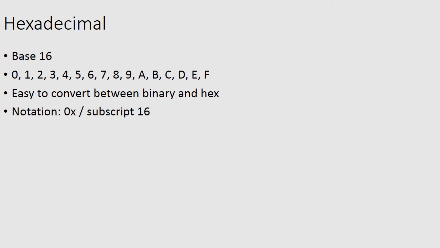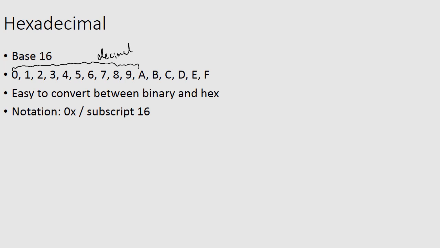Okay, so we talked about octal, which is base 8. Now we are going to move on to hexadecimal, which is base 16. That means there are 16 distinct digits in our numbering system for hexadecimal. We're going to use 0 through 9, which we borrowed from our decimal system.